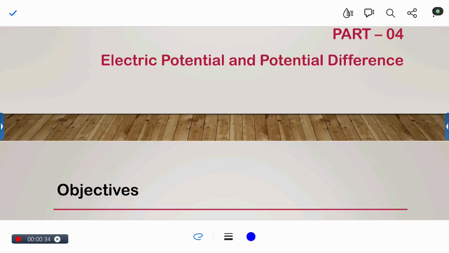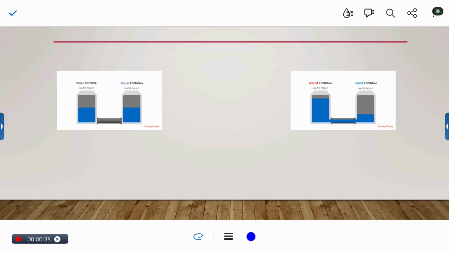Now let's learn first what is meant by electric potential. Before that, we'll see an example. Here, two containers are interconnected with each other, and in both containers the level of water is the same. Will there be any transfer of water from one container to the other?